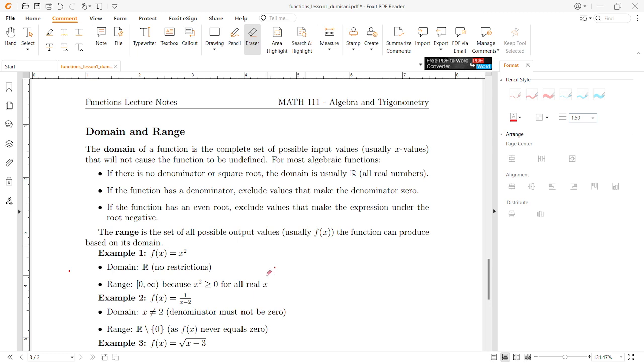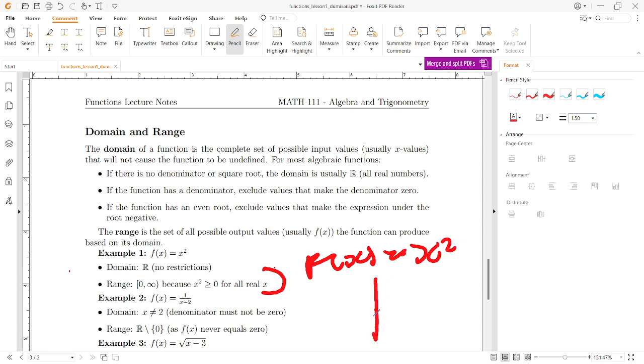So in this case, we are only restricted to positive values, because remember, f of x equal to x squared, if you remember the graph, it is only defined above the x-axis, so it gives us positive values for the f of x.